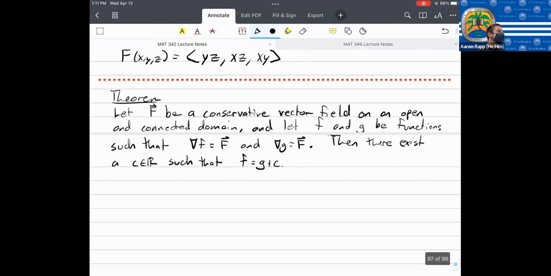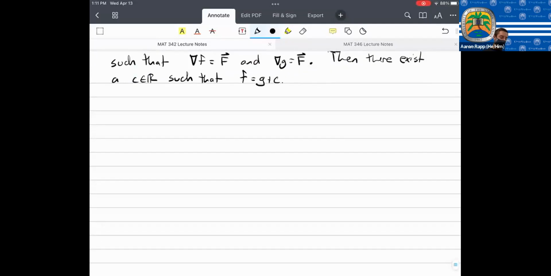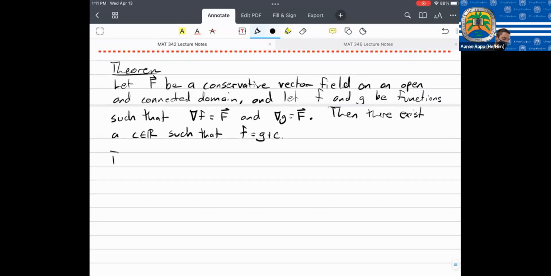Which means if I'm given a vector field and I want to find the potential function, I would have to integrate. And I don't want to integrate if I don't know whether there is such a potential function, because there could be vector fields that don't have potential functions. Well, there's a nice little easy way to check.